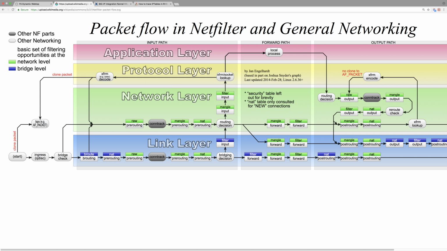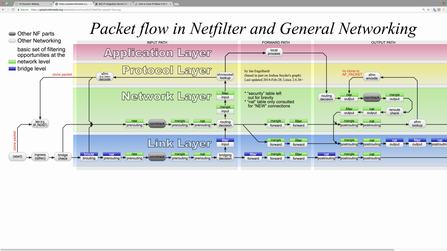So this is a raw table here, mangle table here, and coming down here, a reroute check, some internal reroute check, and then the NAT table here, then the filter table here.